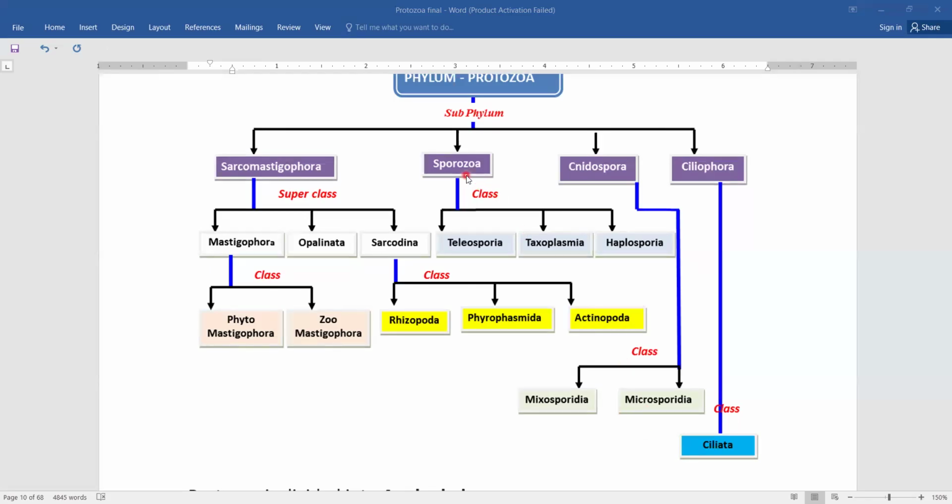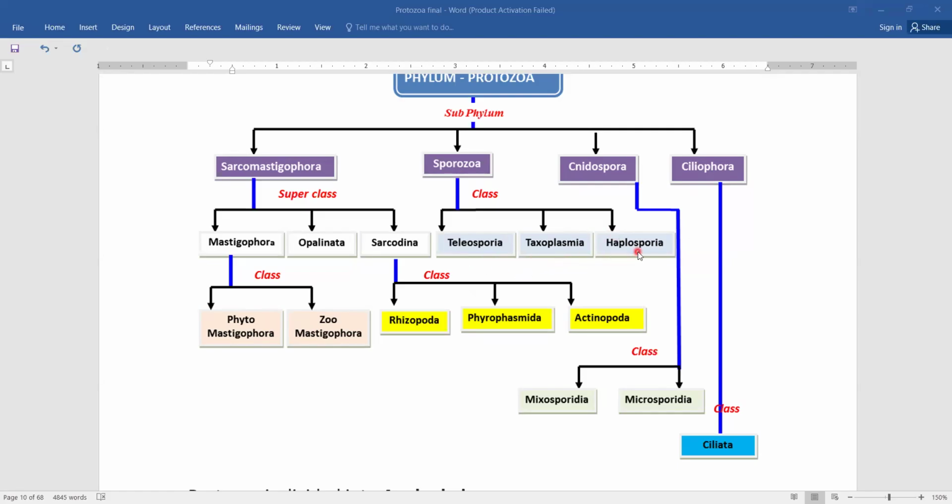And then if you observe Sporozoa, there are three classes. One, two, three. You can remember like that: Telosporea, Toxoplasmea, Haplosporea. TTH, I used to remember like that.